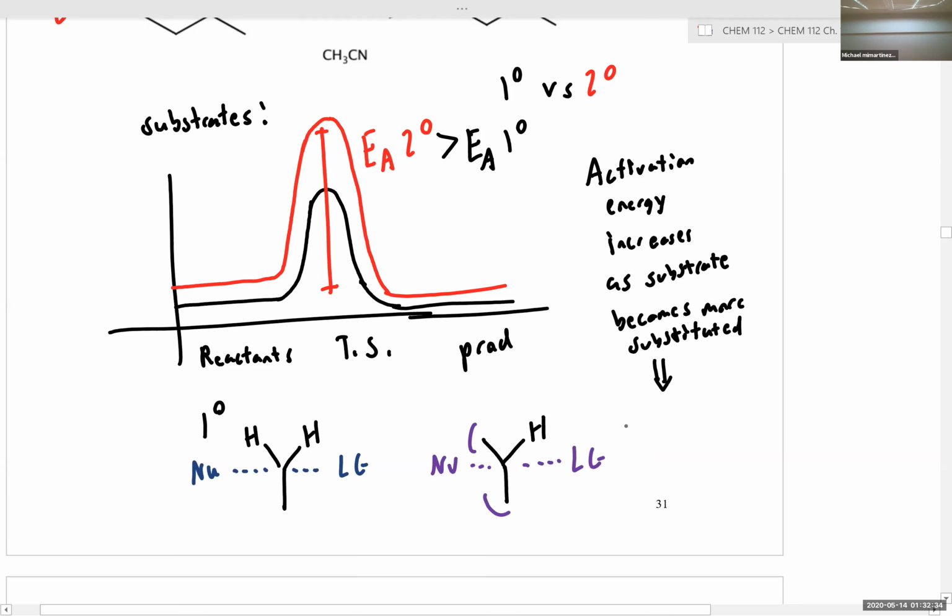Ergo, primary reacts faster than a secondary substrate because the activation energy is smaller. Does that make sense to everyone? Does this trend make sense in terms of substrate effects?